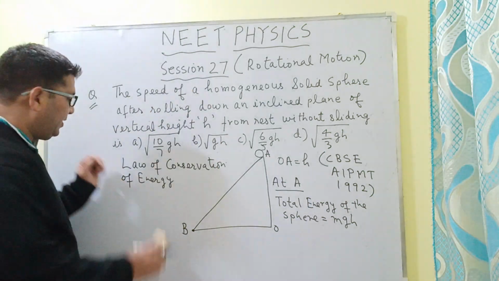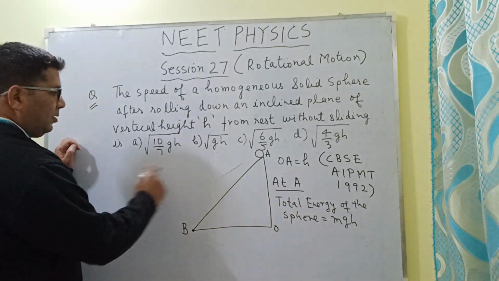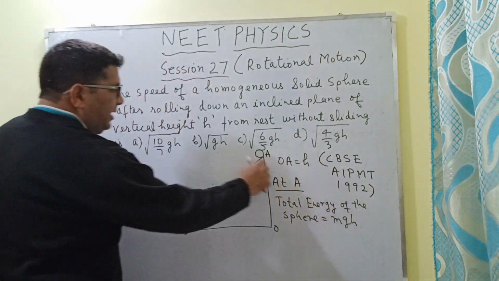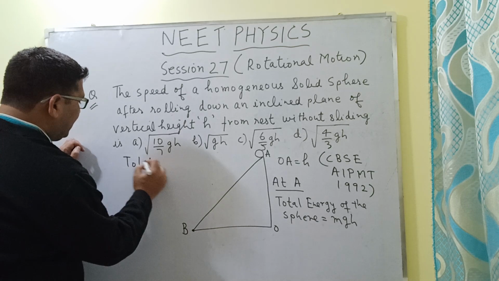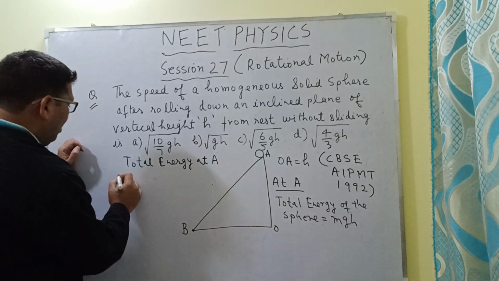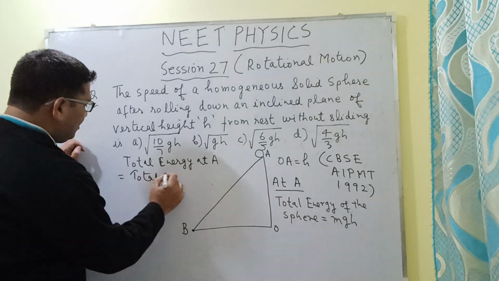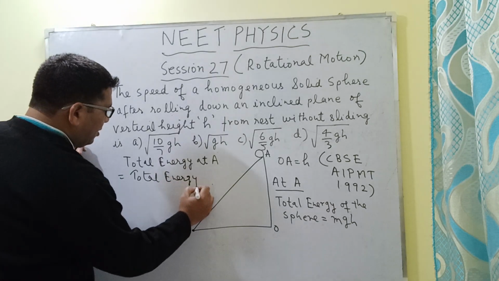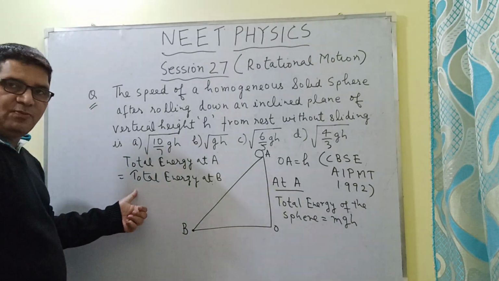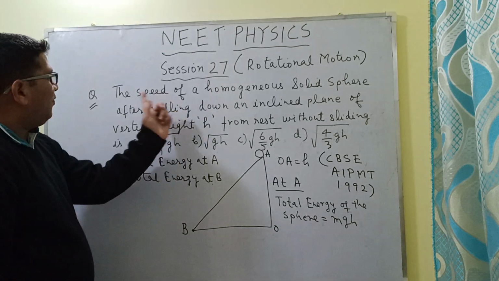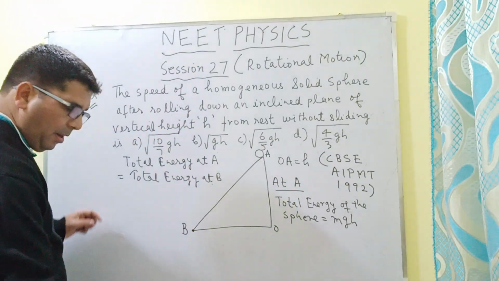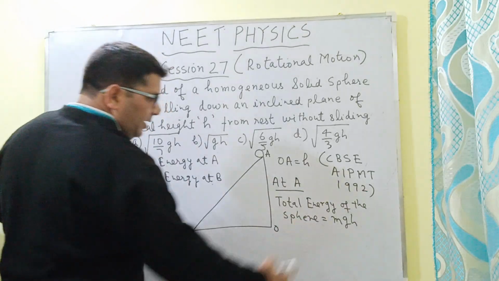So by the law of conservation of energy, the total energy at A will be equal to the total energy at the bottommost point B. Okay, so this is the relation which we will be using in order to find the speed of the solid sphere. So now the total energy at A is mgh.